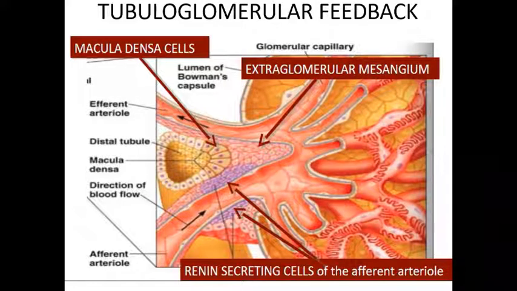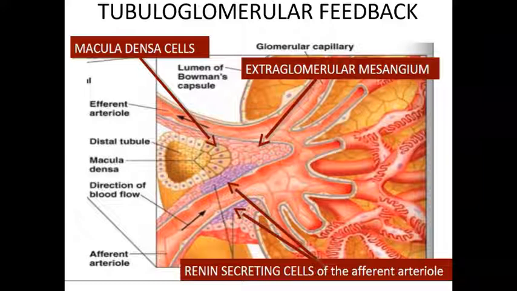With that increase in blood pressure, the movement of the fluid in the lumen will be very fast, especially in the proximal convoluted tubule. So the proximal convoluted tubule won't have enough time to reabsorb much of the sodium. Much of the sodium that is supposed to be reabsorbed by the proximal convoluted tubule, because the blood pressure has increased, the glomerular filtration rate has increased, and even the flow rate of the urine has increased, won't be reabsorbed.